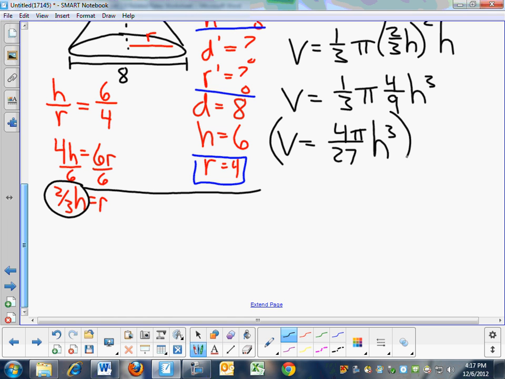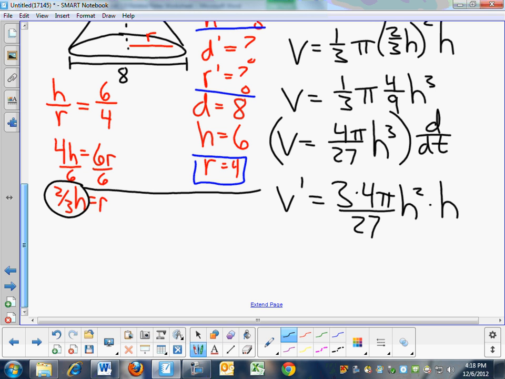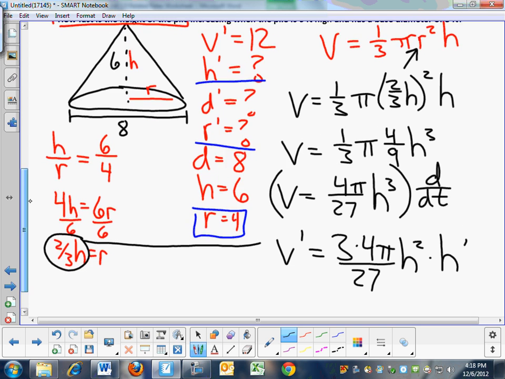I want to take the derivative of that with respect to time. The derivative of v with respect to time is v prime. Derivative of 4 pi over 27 h to the third is 3 times 4 times pi over 27 times h squared times h prime. Do I know v prime? Yep, it's 12.